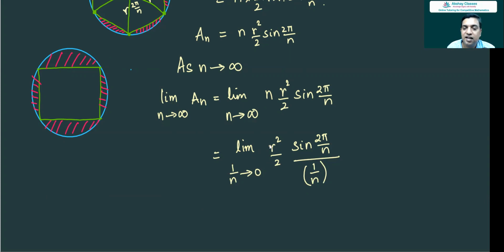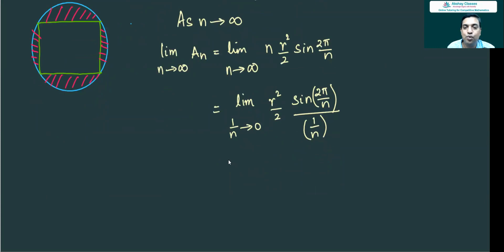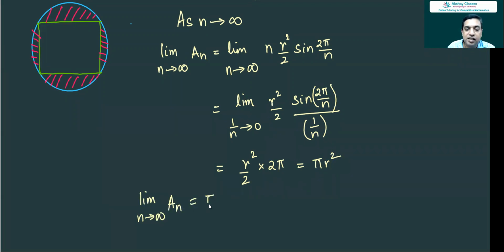So this is sine ax upon x as x tends to 0, which is equal to a, the coefficient. So you get r square by 2 times 2 pi, which is pi r square. So limit n tends to infinity, An is pi r square, which is equal to the area of the circle.